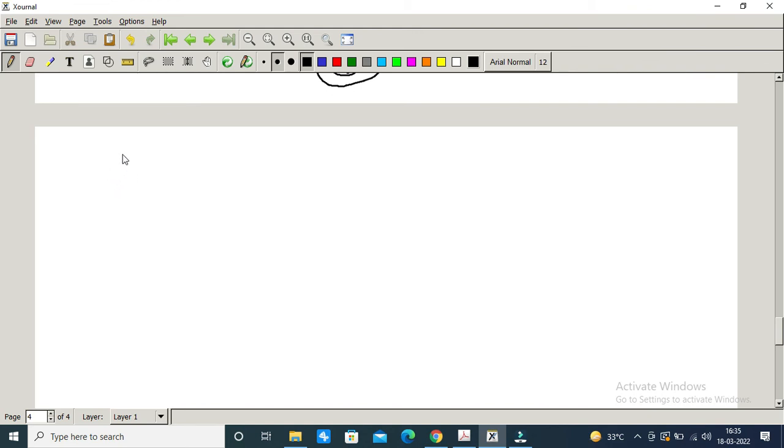So let me write this again for you. I am solving this question. 0 plus 1 star, then 0 0 plus 1 1, and then any combination of 0 plus 1 star. Okay, so we have learned about the initial state and the final state. Let me write this because this is very easy.